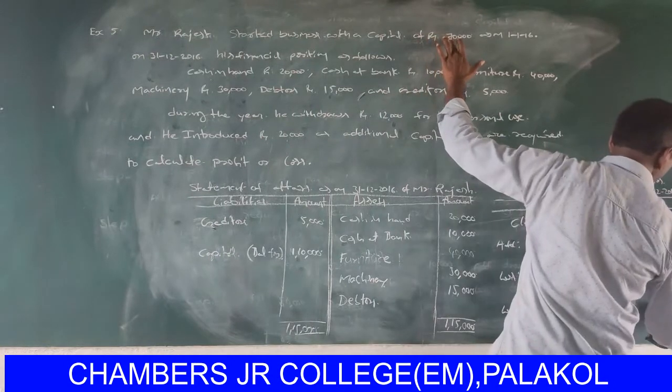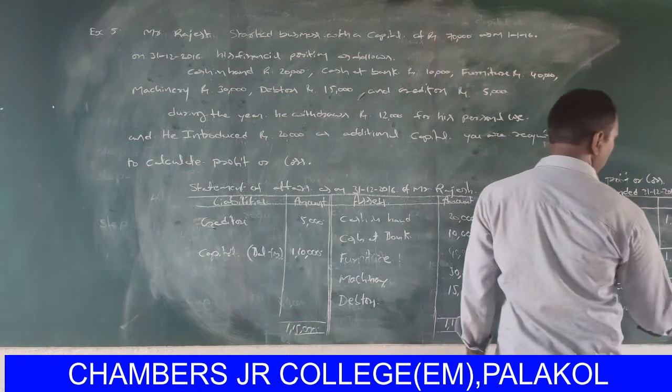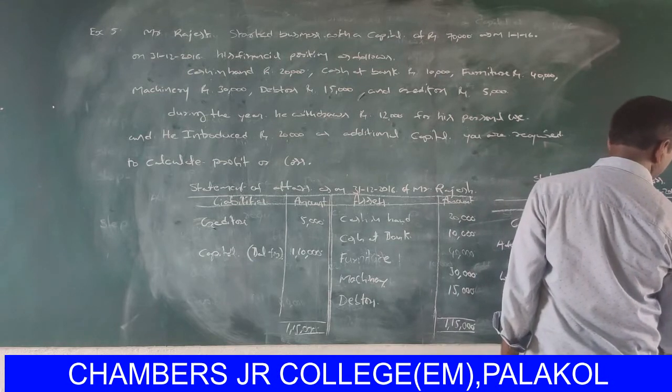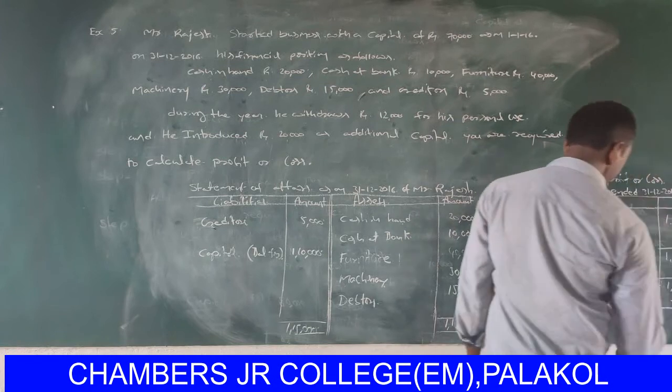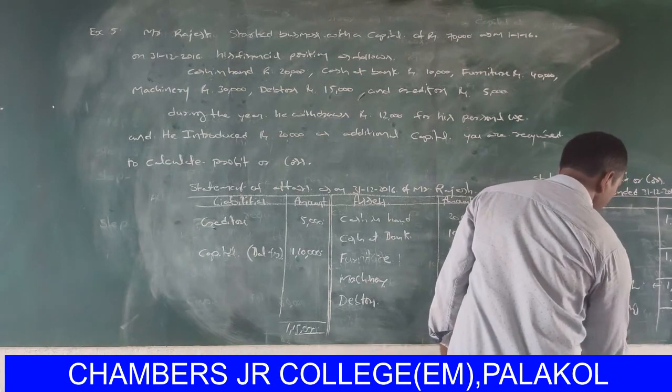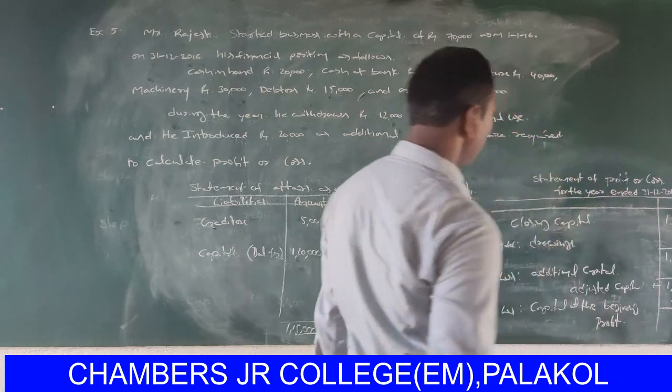This is opening capital, or capital at the beginning, rupees 70,000. 1,02,000 minus 70,000 equals 32,000. This is called profit.